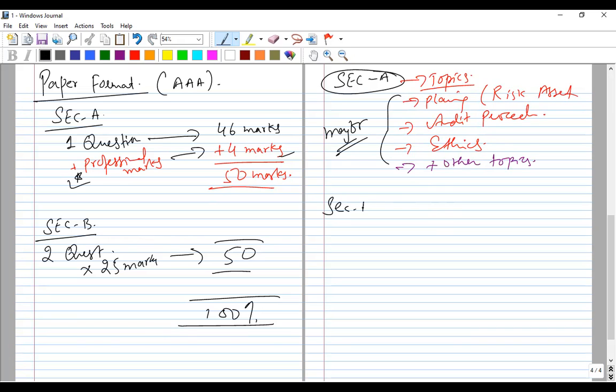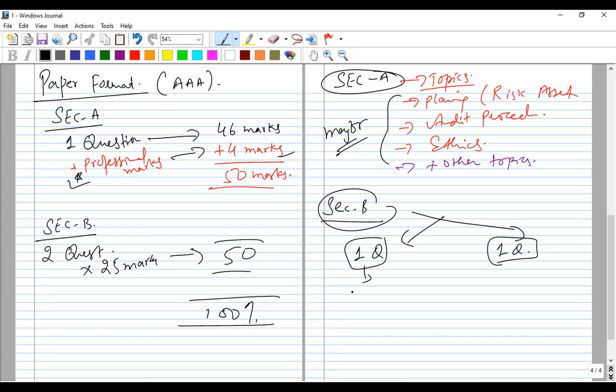And in section B, there are two questions that are predominantly based on other assignments, and review and reports.